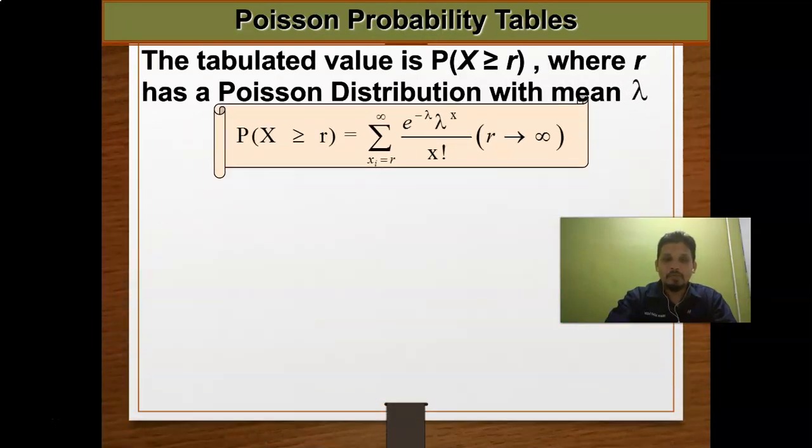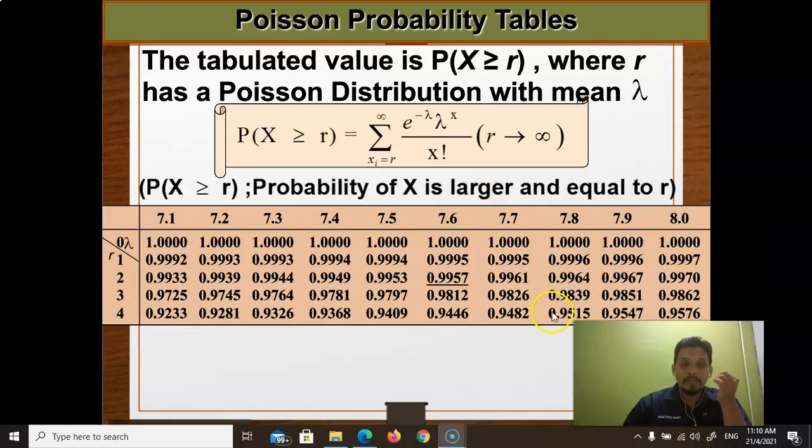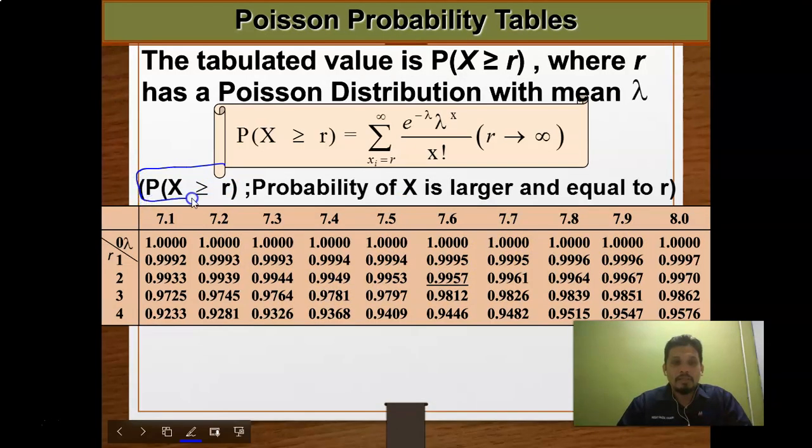If we use the statistical table, the value of r refers to the probability of x greater than or equal to r.